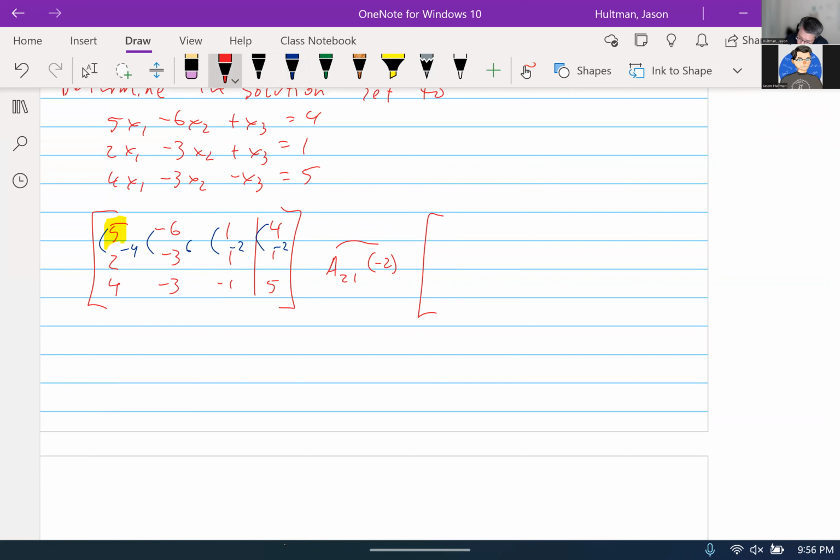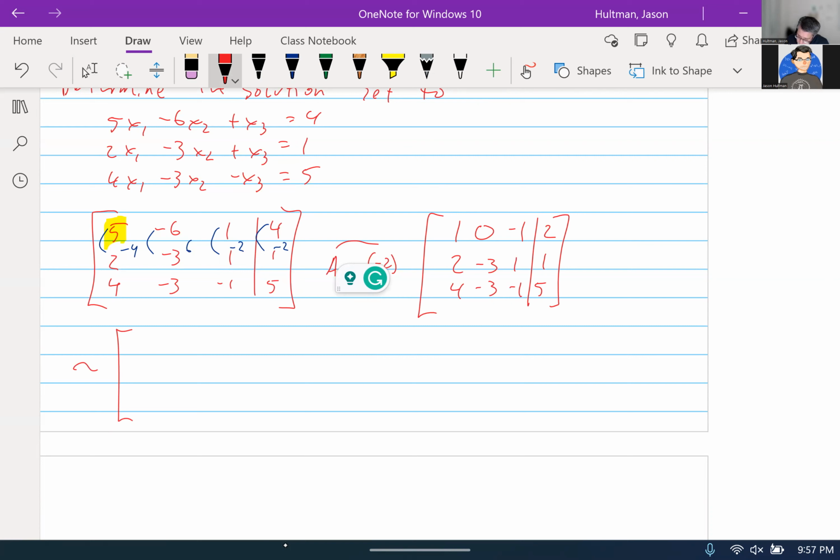I'm going to end up with row 1 being 1, 0. That's convenient. Okay, negative 1, and then 2. Then I have 2, negative 3, 1, 1, 4, negative 3, negative 1, 5.